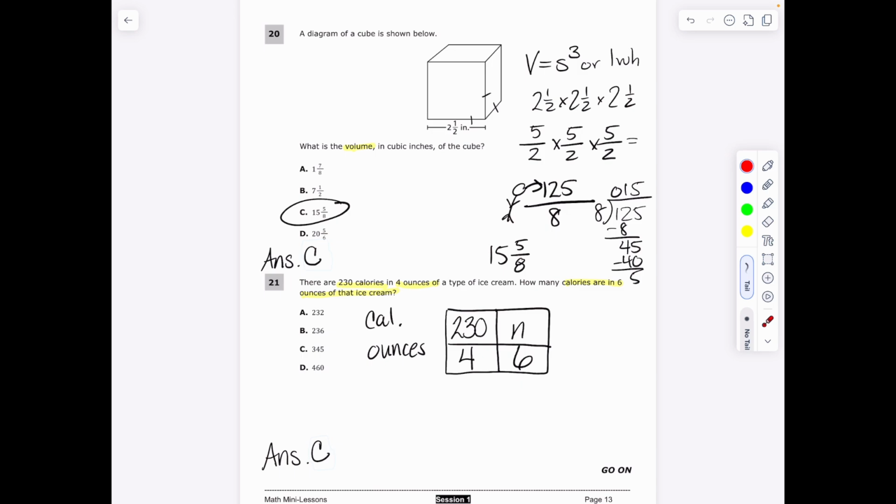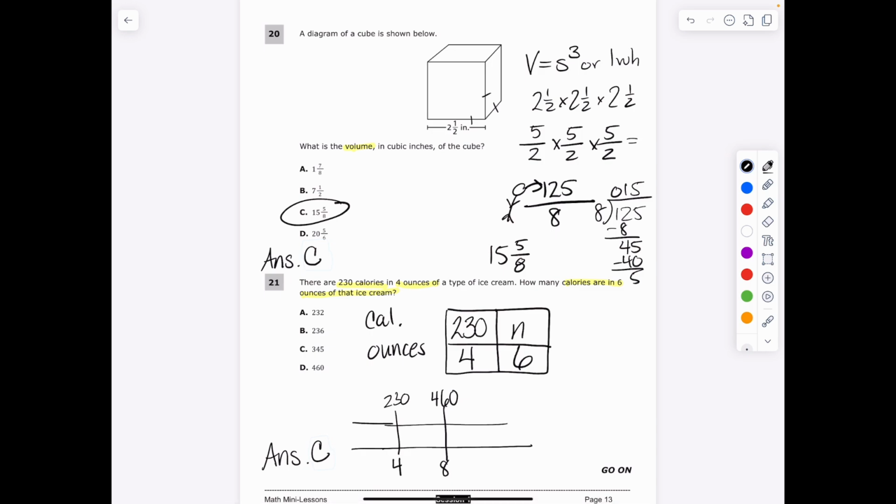Even if you went and did one of these, 230 and 4, if you tried to skip count to the next one, you would skip over to 8. So that may not help you. So if you were doing the table, and I'm going to use the cross products, what you could do is maybe work backwards and think, all right, if 230 is in 4 ounces, how many are in 2 ounces?